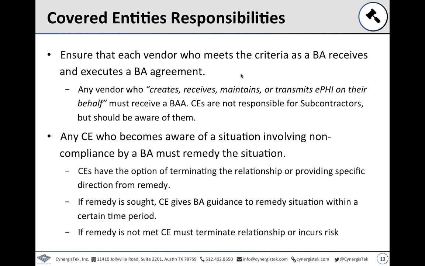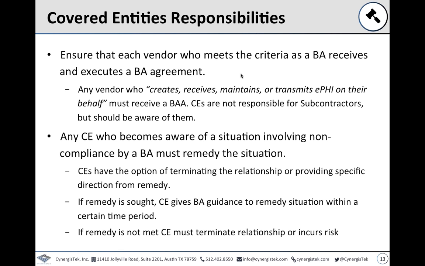Under the original privacy rule, the covered entity had the option of continuing their relationship with the business associate and filing a notice with the Secretary of HHS. The notice would say simply to the effect of, I know my BA is bad, but I can't live without him. That option is no longer available.